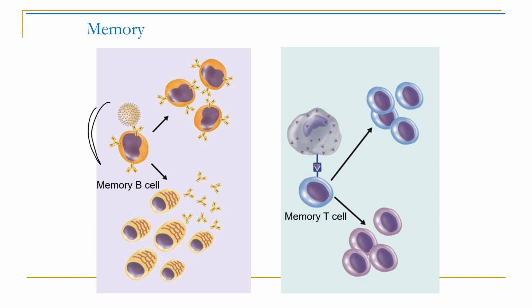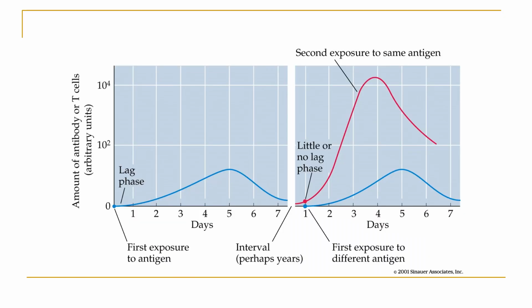And here, if memory T finds an infected cell, it immediately starts cloning and making more cytotoxic T cells, so that hopefully with the combination of antibodies taking out free-floating virus and cytotoxic T cells taking out cells that are infected with virus, those two things together can defeat any pathogen.